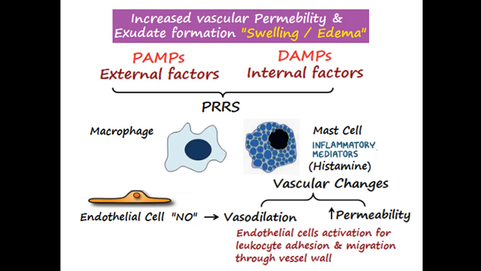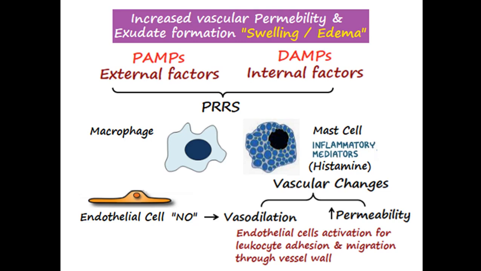So remember the two components: the vascular component, which consists of vasodilation, increasing the caliber of the blood vessels with increased blood supply and carrying more and more inflammatory cells to the area of inflammation. And the second component of the vascular changes is the increased permeability.